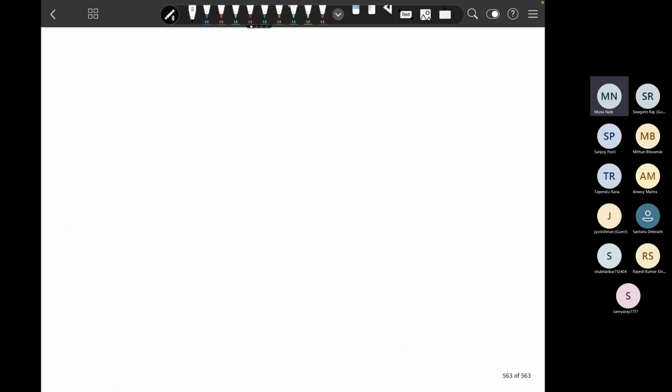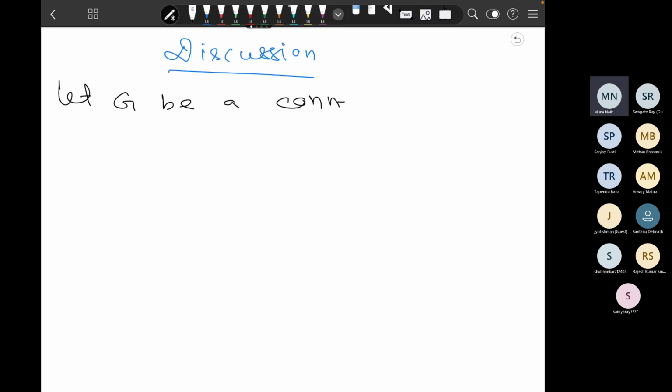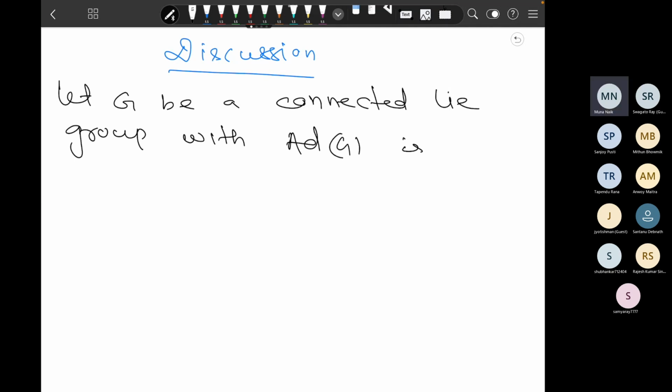Okay, so now we go to the discussion. We have proved a much more general result. Let G be a connected Lie group with Ad_G compact.